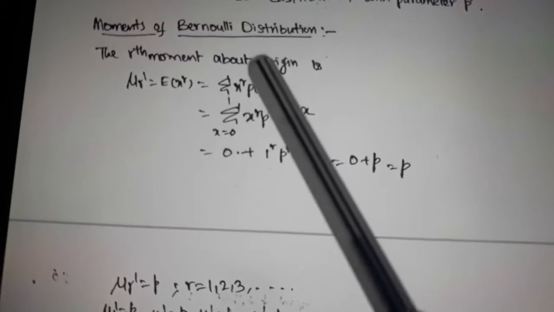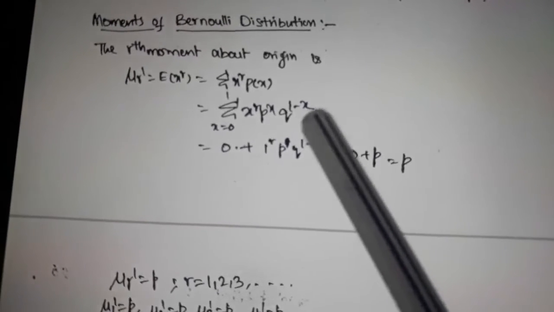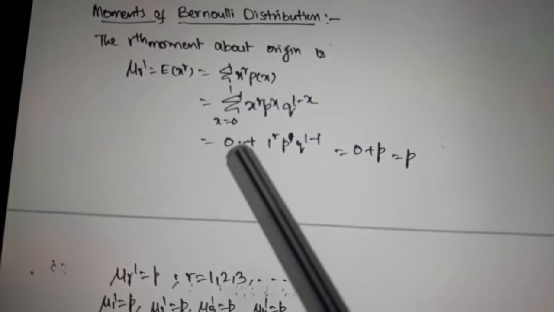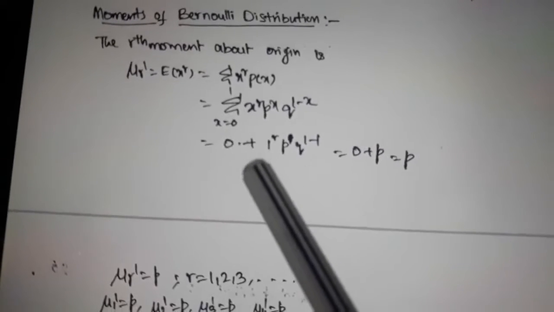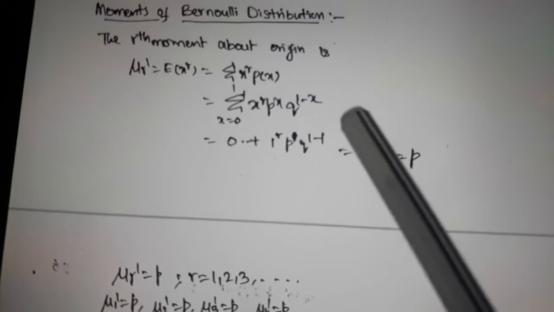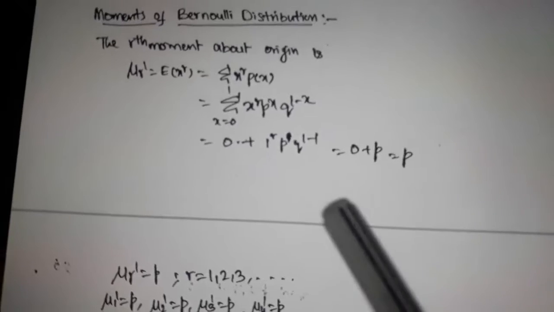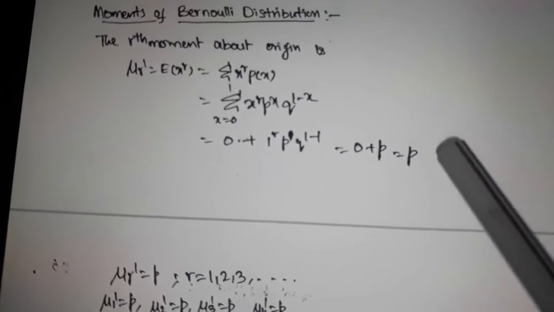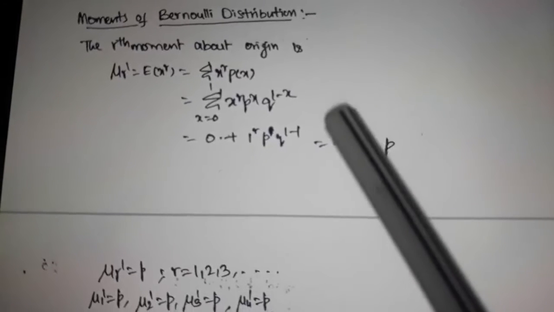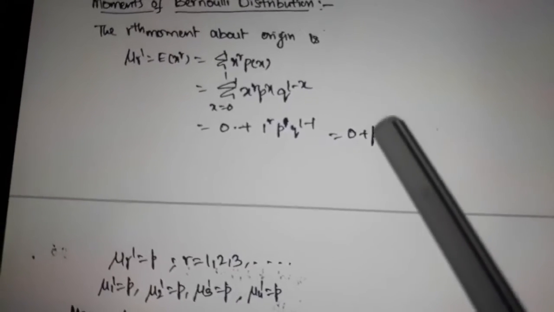Now substitute p of x as p power x into q power 1 minus x. First x equal to 0 substitute, 0 into anything is 0, plus 1 substitute, 1 power r into p power 1 into q power 1 minus 1. So 0 plus p gives p. So mu r dash is p; in the sense no r is there. Whatever the r value is, it gives only a single value. So mu r dash is p for r = 1, 2, 3 and so on.